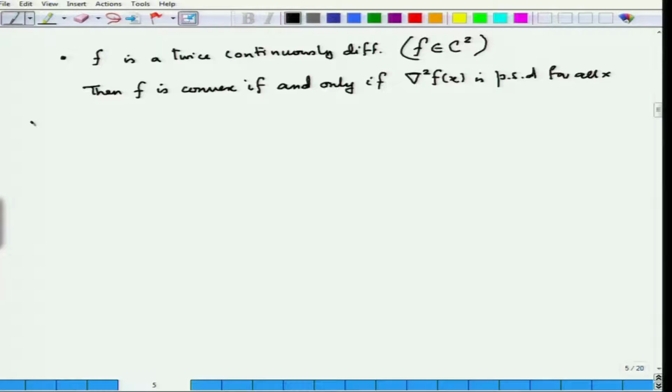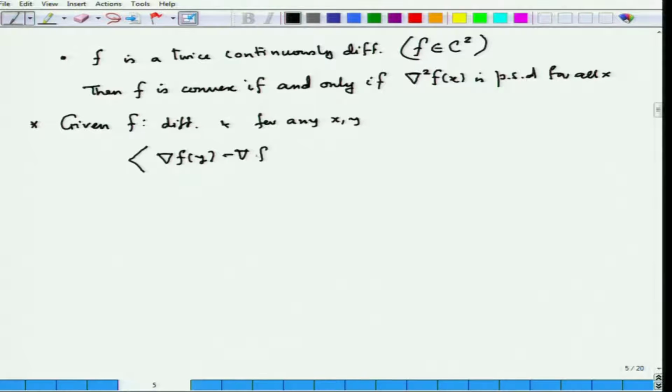So, now I am given f differentiable and for any x, y, this is given to me.